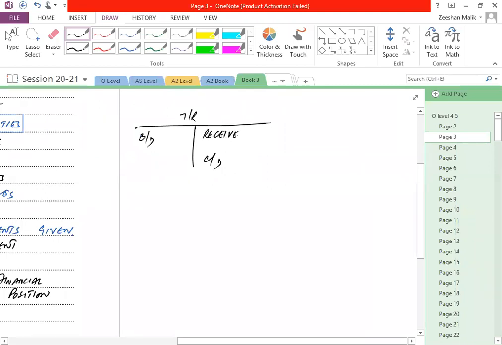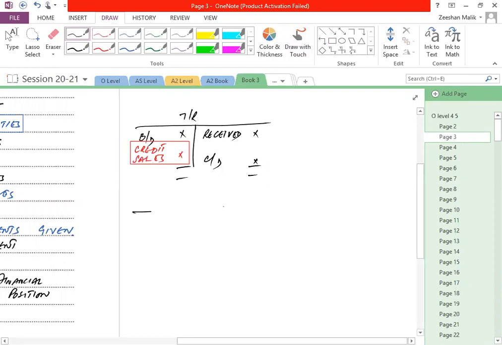This is the format. From this account, you can calculate credit sales. This will be the missing figure of credit sales from trade receivable.